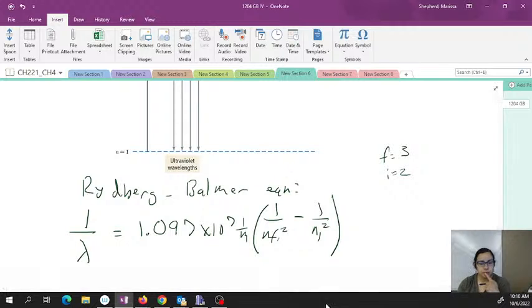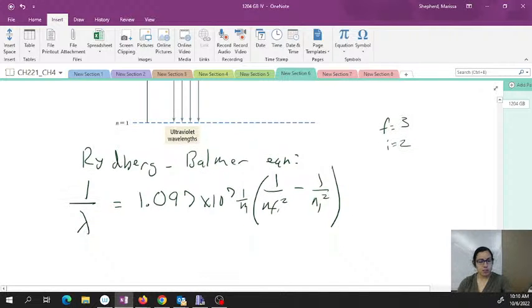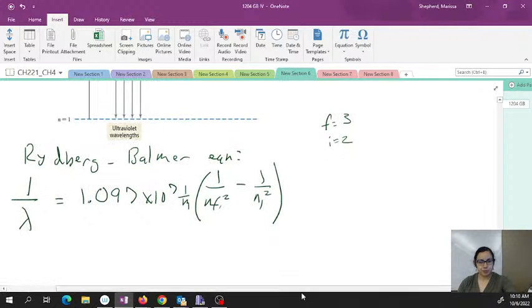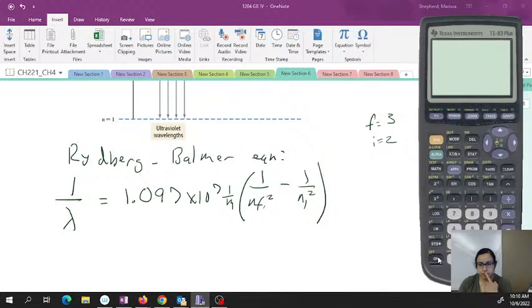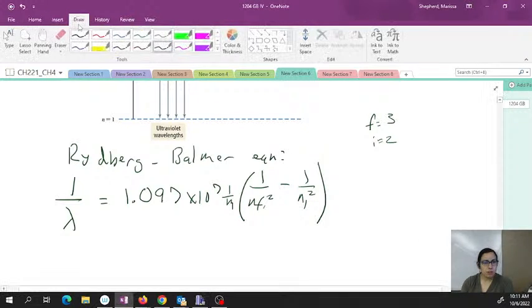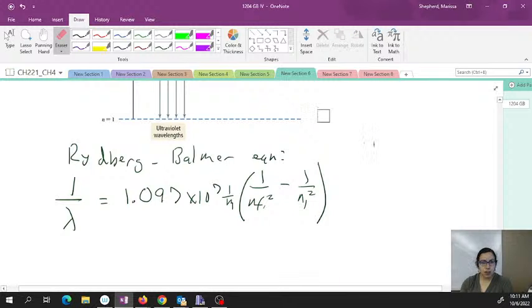Let's see. So let's just practice this and see if I flip the signs. So actually you want to do the other way. Sorry. You just want a positive value is what you're going for. So this is plugging this in now. So going 3 to 2.